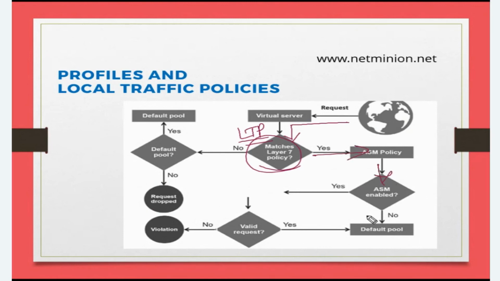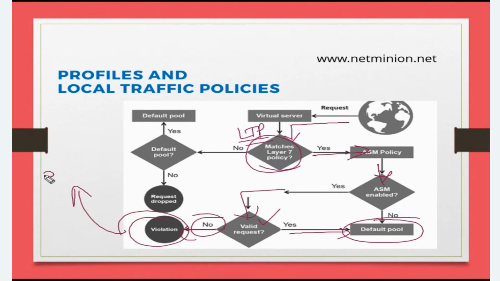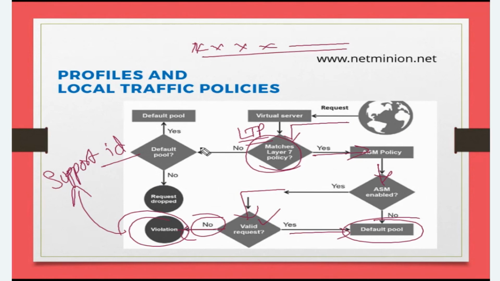If security policy is enabled and this is a valid request, it will send it to the default pool. If it is not a valid request, a violation will be generated, and that violation has some kind of numbers like 1, 2, 3, XXXXX. I will be showing you later on.